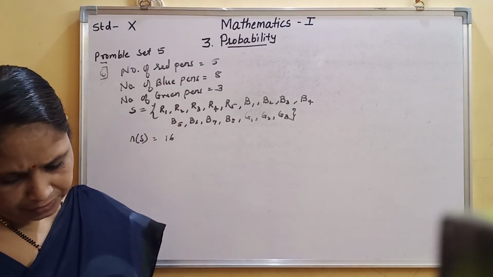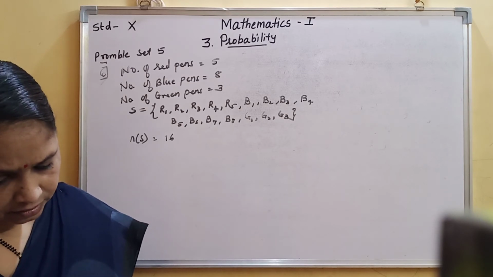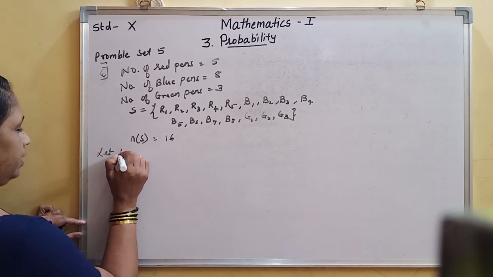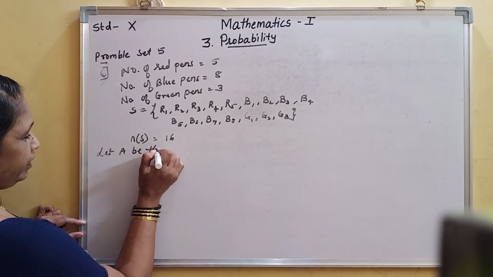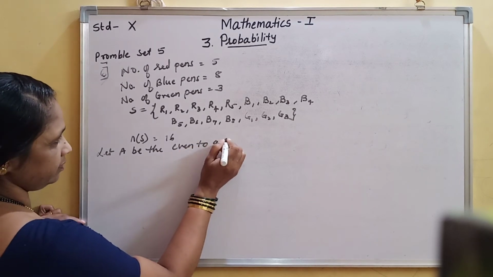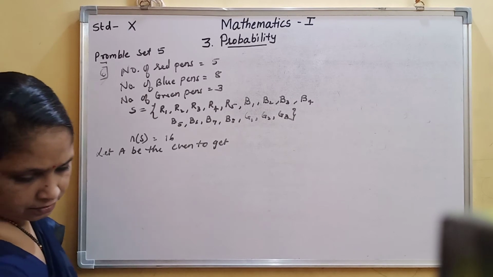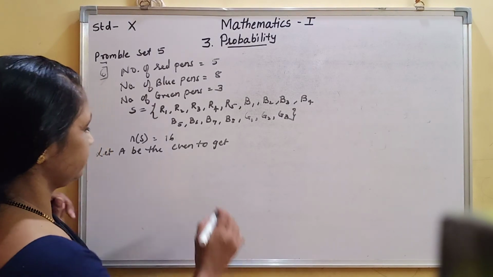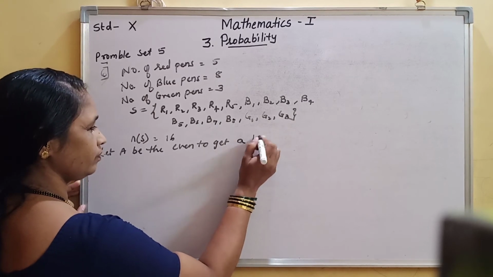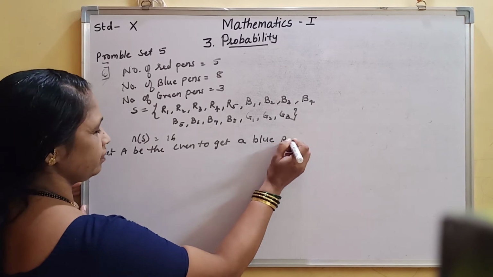Now what probability we have to find out? That event, let A be the event to get a blue pen.